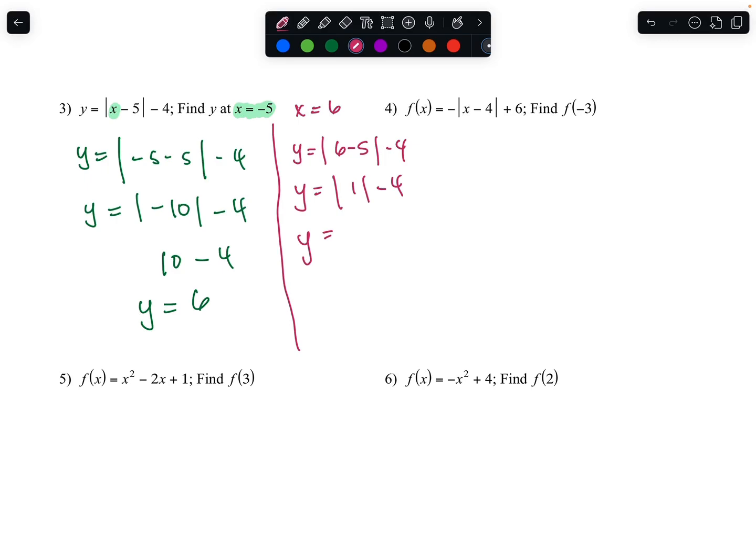Well, that 1 has to remain positive. We do not switch the sign. Okay? So if the input was 6, the output would be negative 3, because this one right here, although it was already positive 1, it stays positive 1. If it's negative, it becomes positive. Okay? So that's that.